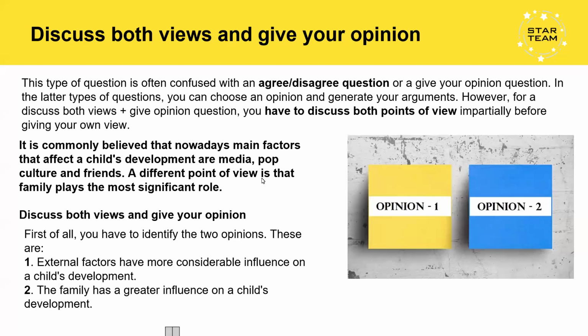I will wait. Yeah, guys, are you writing anything? What are the factors in a child's development? Media, pop culture, and friends? Or maybe it is the family. Yeah? Okay.